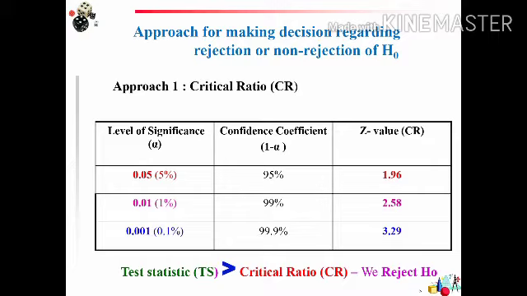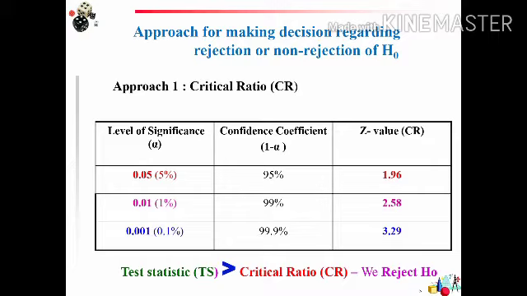And here the set value or critical ratio will be found from the set tables. So in this table, you can see different levels of significance and the corresponding confidence coefficient and set value. So the set value will be obtained from the set tables.